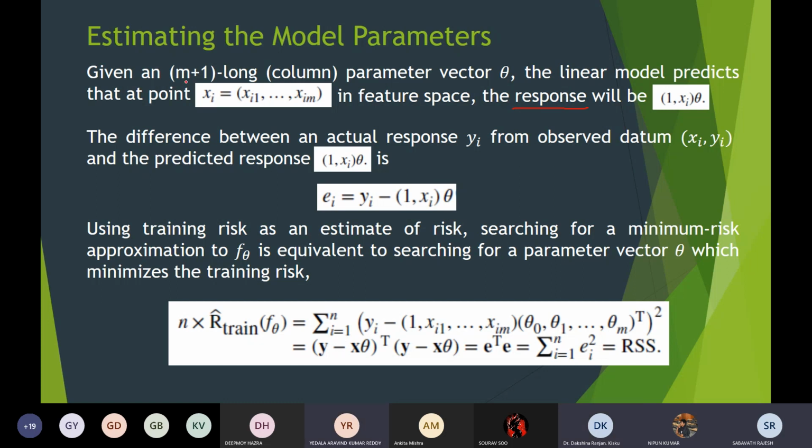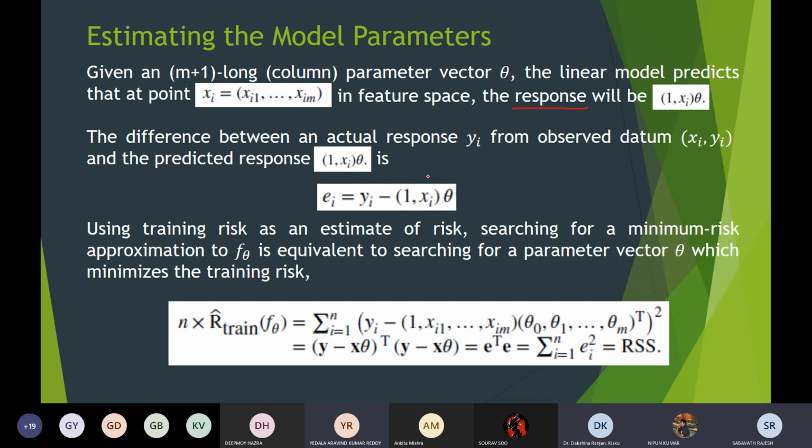So if we consider m plus 1 parameter vector theta, and the point xi has m dimension data in the feature space, then the response of the linear model would be 1 comma xi into theta. Now the difference between the actual response yi from the observed datum xi comma yi and the predicted response would be yi minus 1 comma xi into theta.